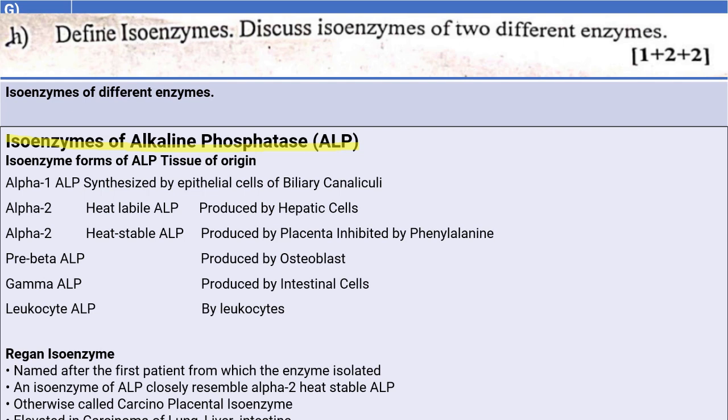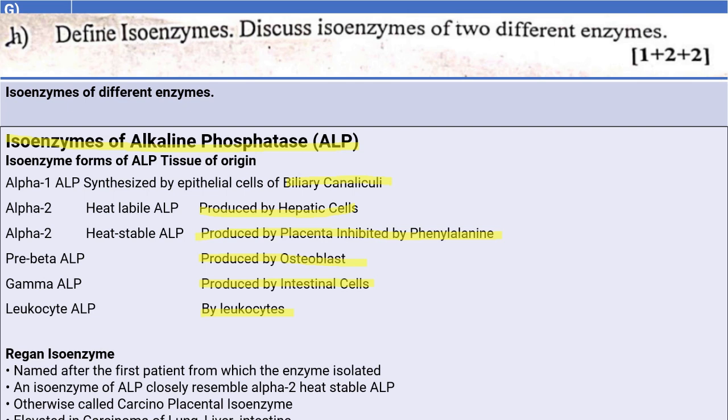Alpha 1 ALP is synthesized by the epithelial cells of biliary canaliculi, alpha 2 heat labile is produced by the hepatic cells, alpha 2 heat stable is produced by the placenta and is inhibited by phenylalanine, pre-beta ALP is produced by the osteoblasts, gamma ALP is produced by intestinal cells and leukocyte ALP is produced by the leukocytes. This is commonly asked in viva, a commonly asked question for PAQ also. So memorizing this is very important.